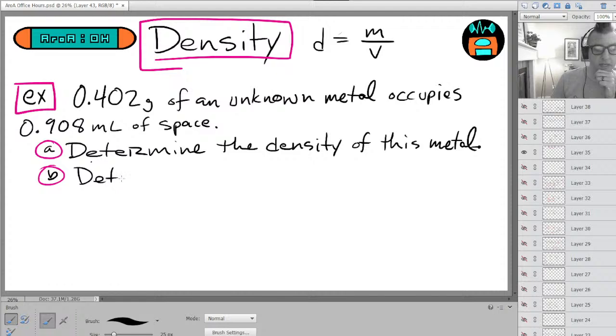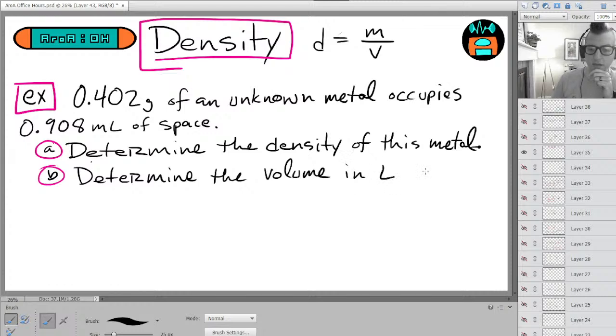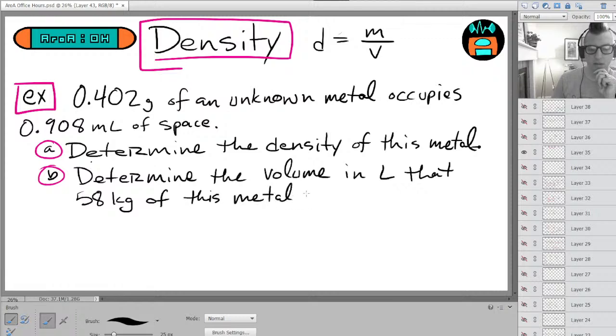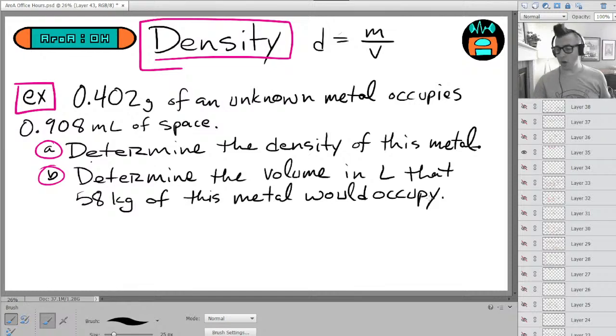Part B, determine the volume in liters that 58 kilograms of this metal would occupy. All right, that is your part A and part B.